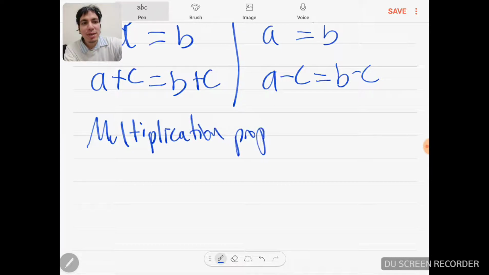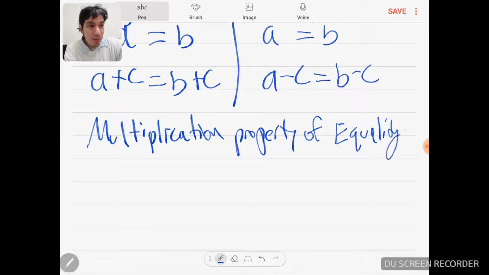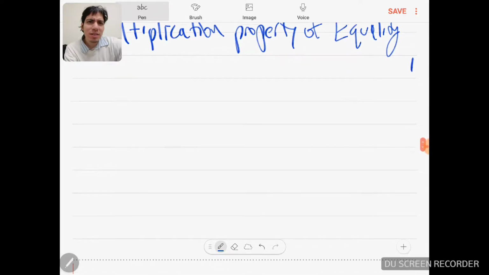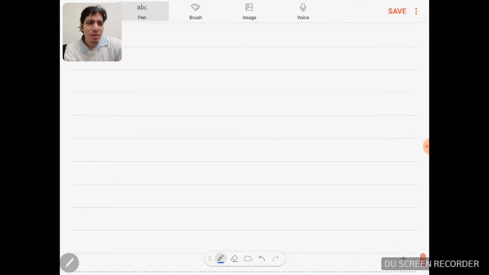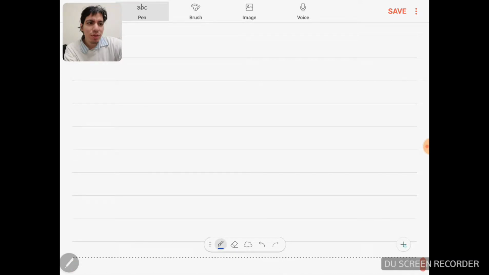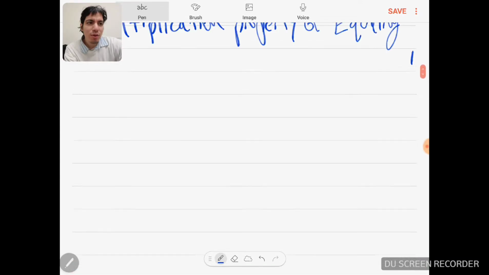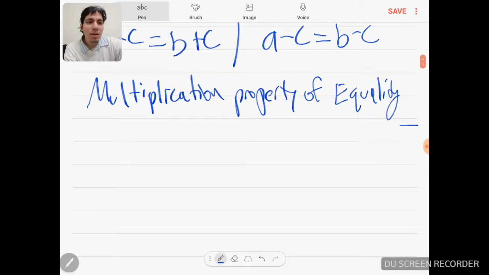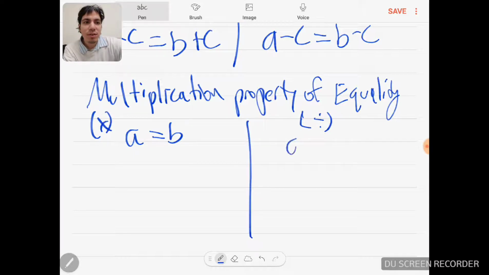Now, as I was saying, there's also the multiplication property of equality, which also incorporates division, by the way. Let me just add a few pages real quick. Okay, so basically this is multiplication and this is division.